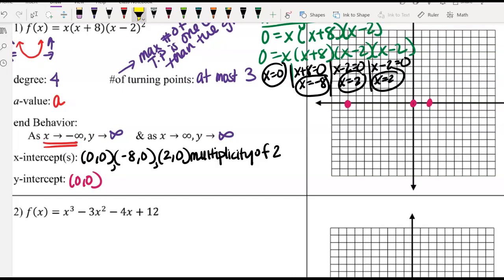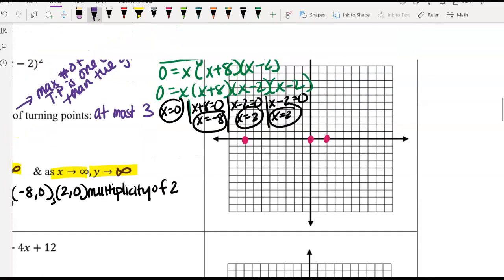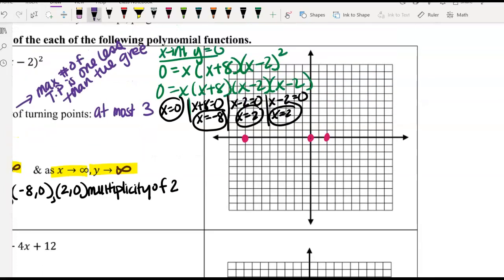Now, we know as x is negative, y is positive, and as x is positive, y is positive. So what does that translate to in our graphing? That means we use it as end behavior. If x is negative, y goes up. If x is positive, y goes up. That means we're going to run through the x-intercept. We loop up just like this, run through it. But here is the kicker.